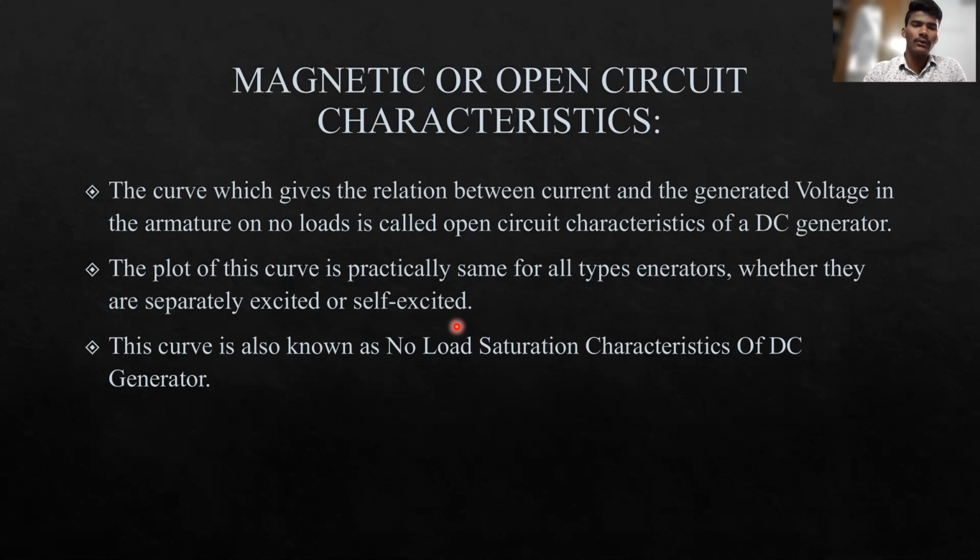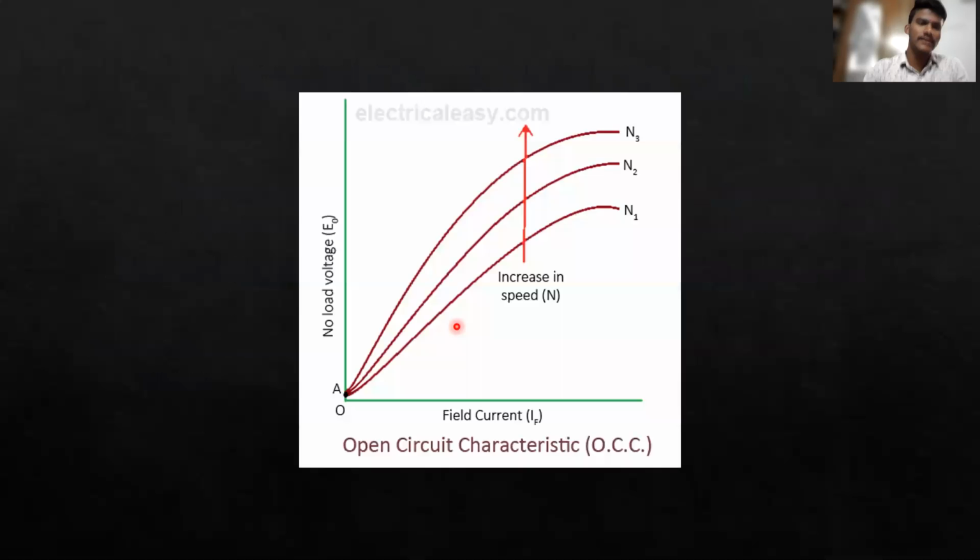Now we'll see how the characteristic curve will be. If you observe the graph, on the y-axis is the no load voltage, E naught, and on the x-axis is the field current, I F. These three curves represent the characteristics of an open circuit DC generator.